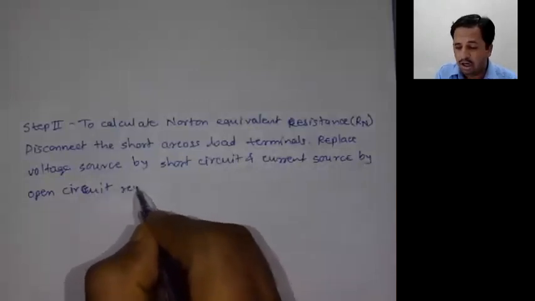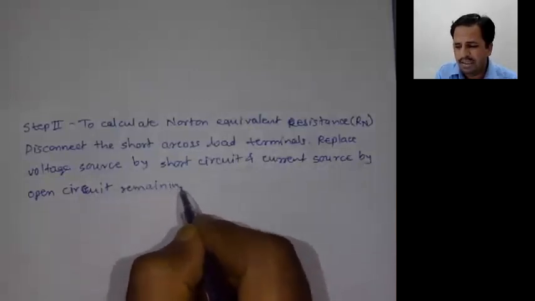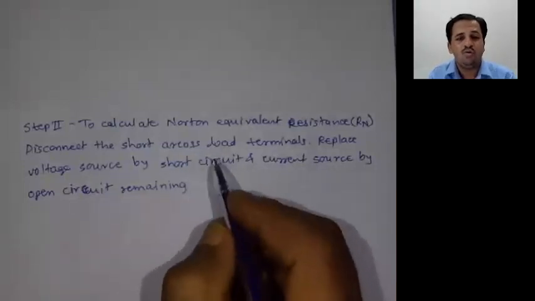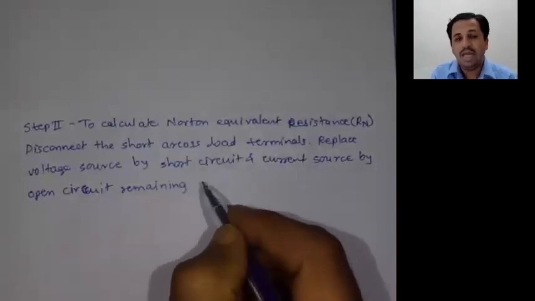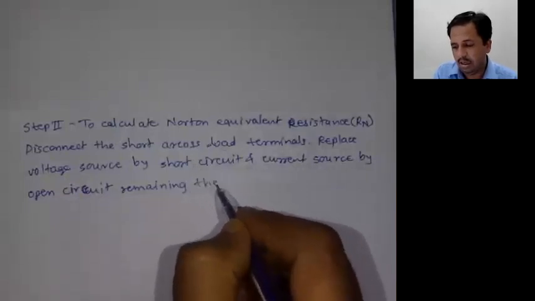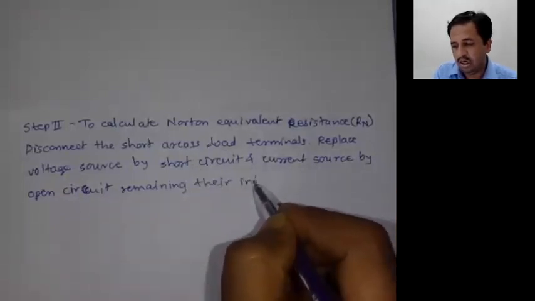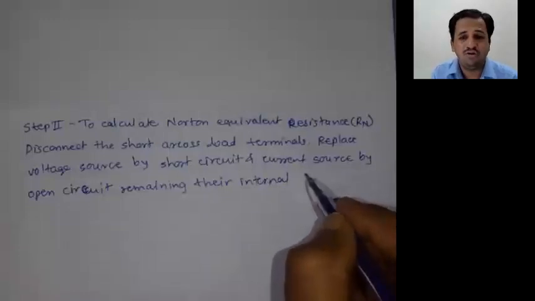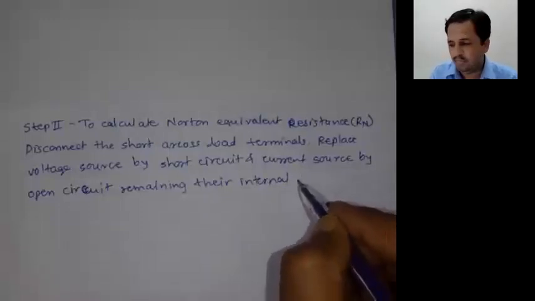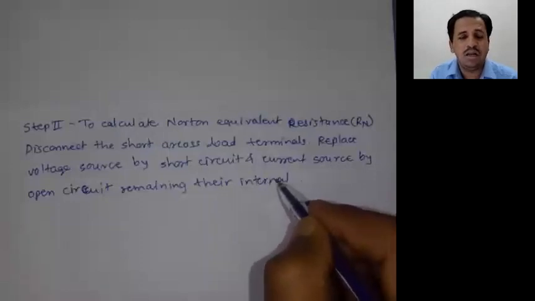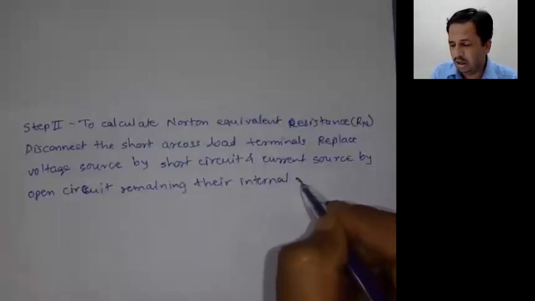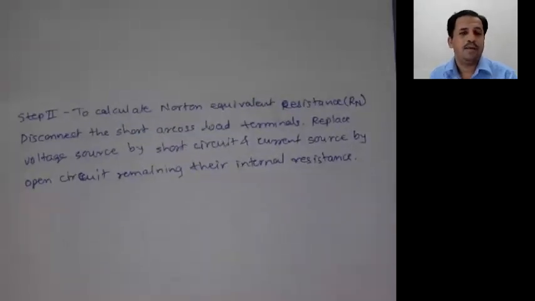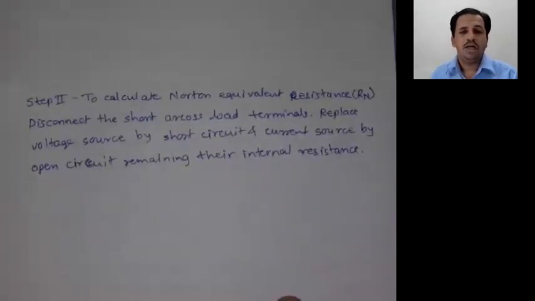Remaining their internal resistance, if any, means if there is resistance, then that resistance value we have to keep as it is. In some cases the internal resistance value is also present, but for this case we cannot consider internal resistance.